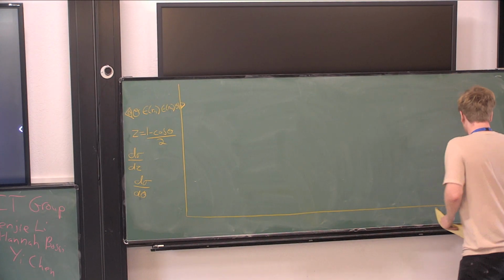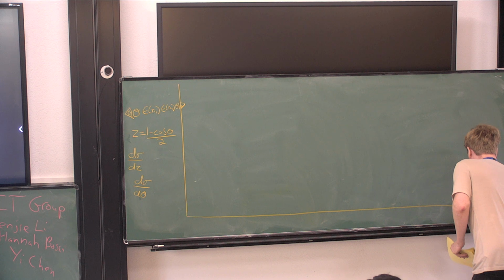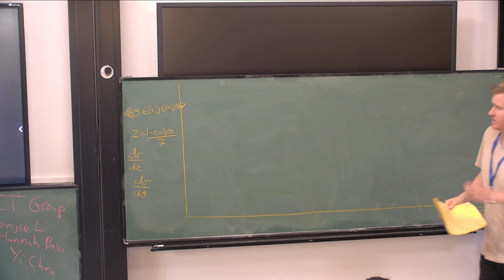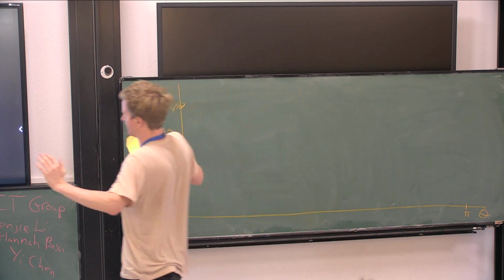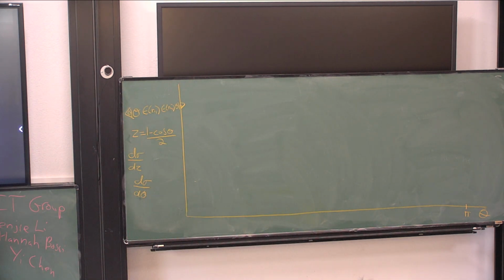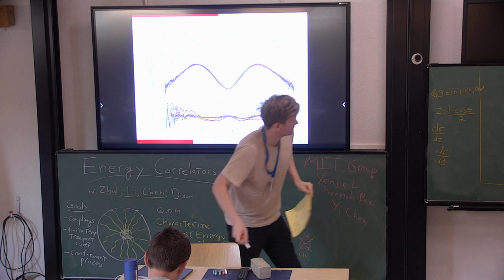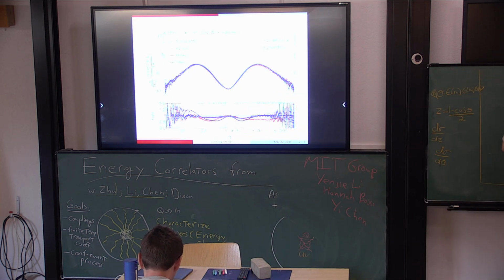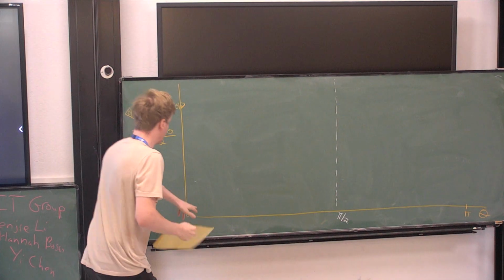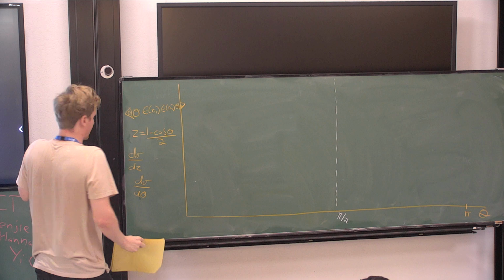The angle goes between 0 and pi, and this is plotted to emphasize the two endpoints. It's plotted in a kind of unusual way: you've divided the plot in two about pi over 2.